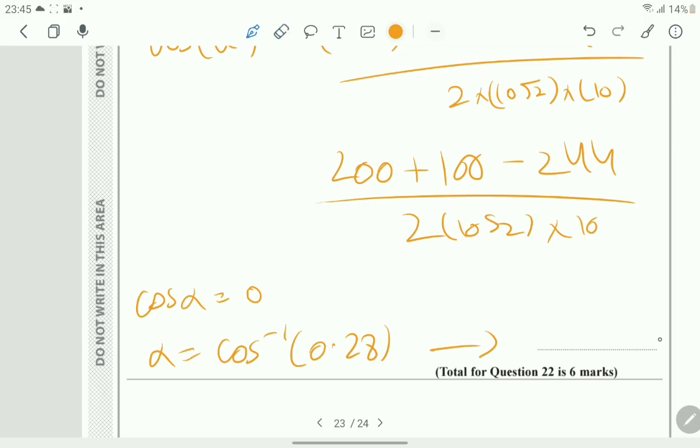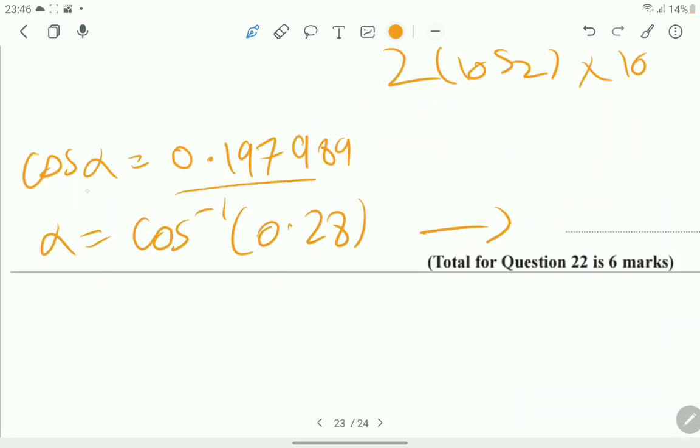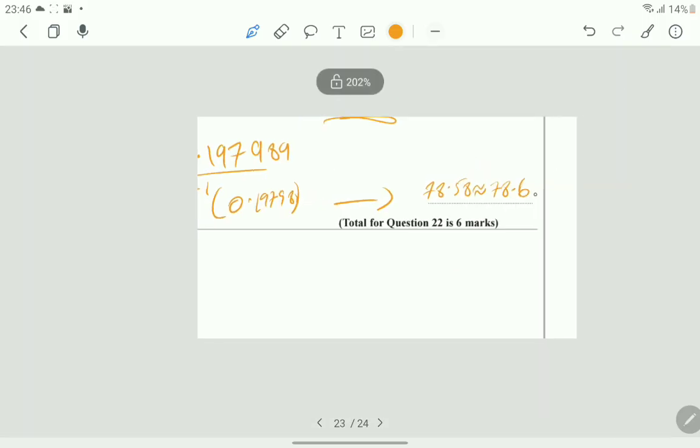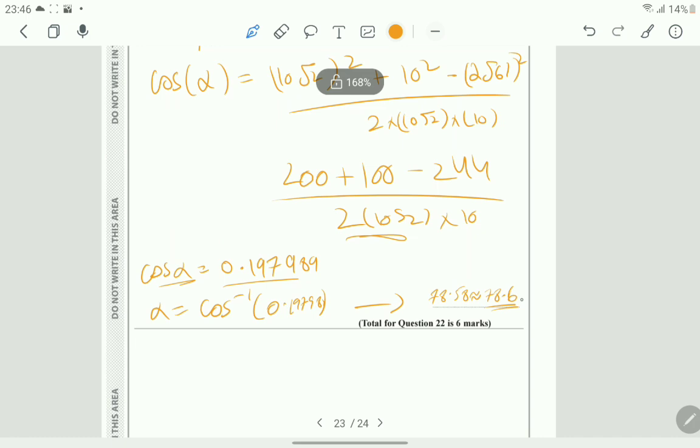This is not 0.28, this is 0.197989. Go as far as you would like for accuracy, or just plug the answer into your calculator and get the maximum accurate answer. This would give us 78.58, or rounded off to 78.6. This is your final answer, 78.6, and that is the second last question of the exam.